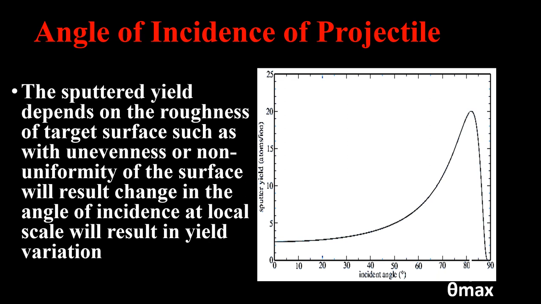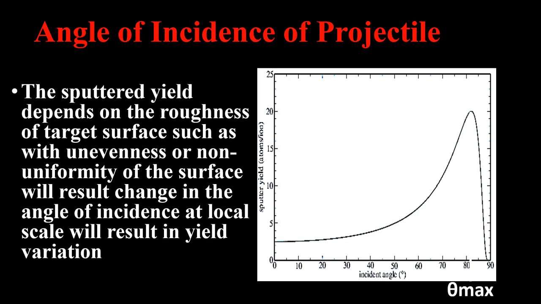Initially, at a smaller angle of incidence of the projectile ions, the yield is less. However, with the increase in the angle, the yield increases, and there is a certain range of incident angle at which the yield becomes maximum, okay?